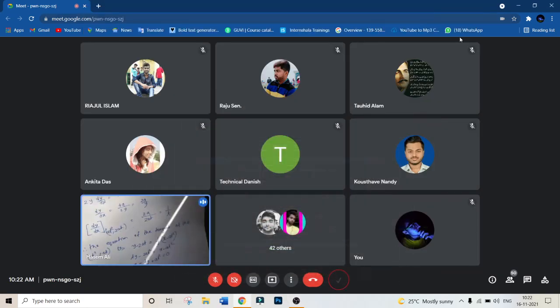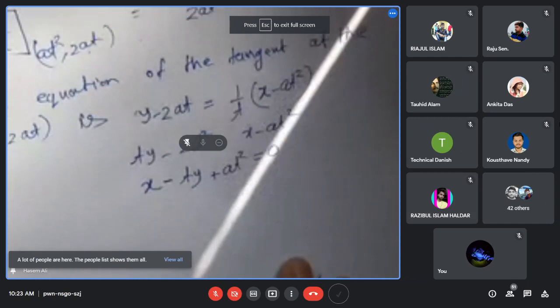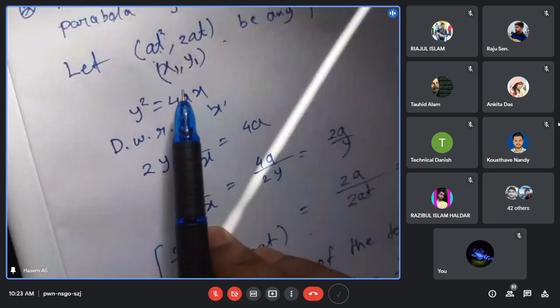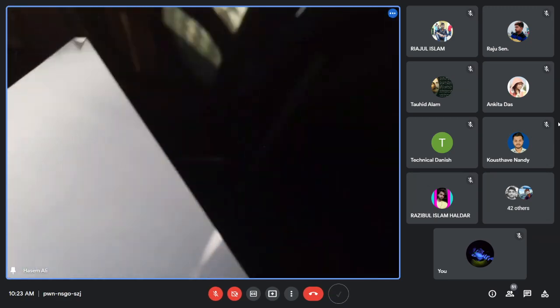Minus ty plus a t square equals to 0. And if we take x and y as a general point, then what will be the point?